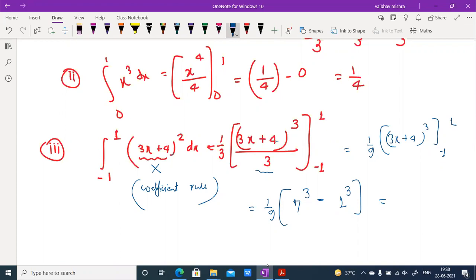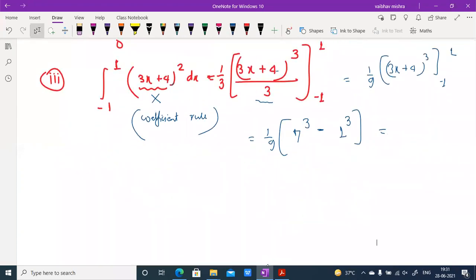Yes, anyone having doubt in this, please ask. We are doing integration for the second time with questions also. So कोई भी part नहीं समझ में आएगा, please don't hesitate. This is something we'll be using almost every chapter, so that's why it's required for you to understand. Yes. 7 cube minus 1.